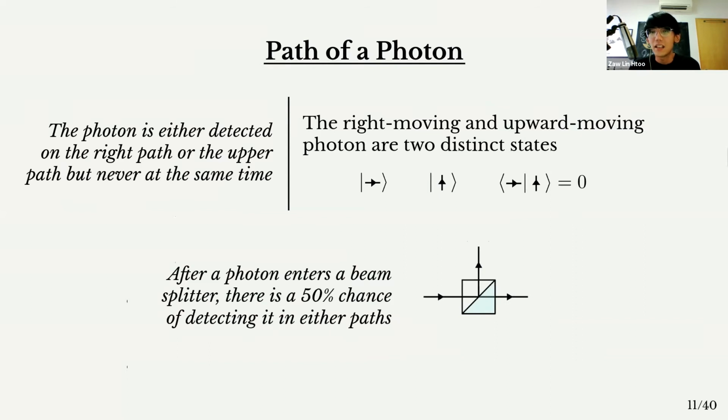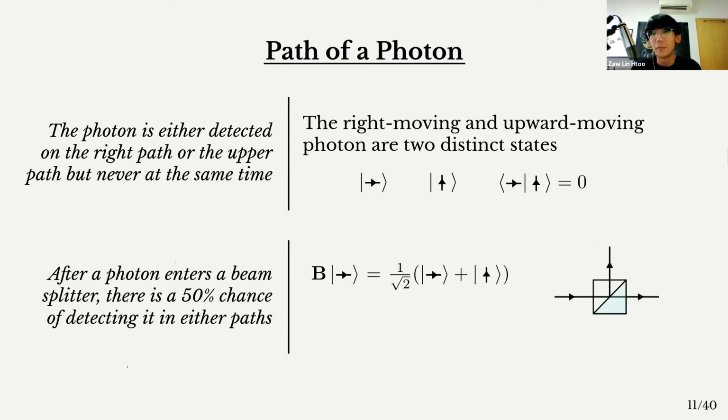And notice that if you put a photon into a beam splitter, there's a 50% chance of finding it in the right moving path or on the upward moving path. And so this tells us that the action of the beam splitter would look something like this. If you apply a beam splitter on a right moving photon, it will become some superposition of a right moving photon and an upward moving photon.